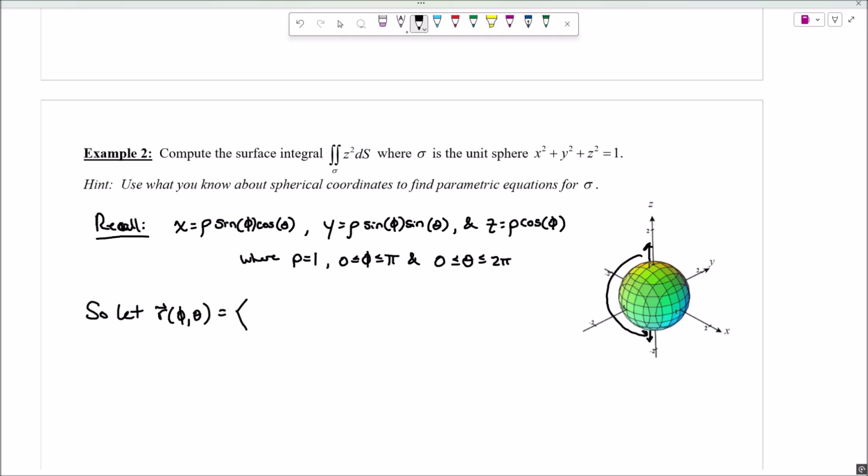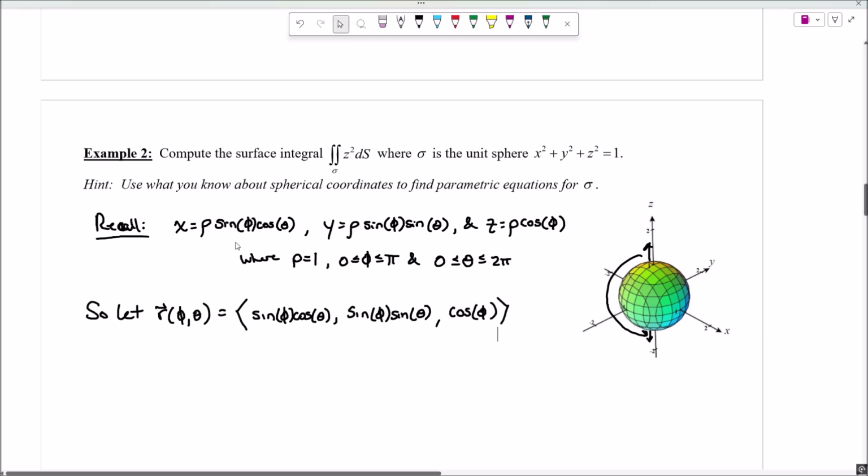That's going to have an x formula given by sine phi cosine theta, a y formula of sine phi sine theta, and finally a z formula given by just cosine phi. Now you can see all I've done is I've just replaced each of the above formulas for x, y, and z in my parameterization. I've used rho as a 1 the entire time.